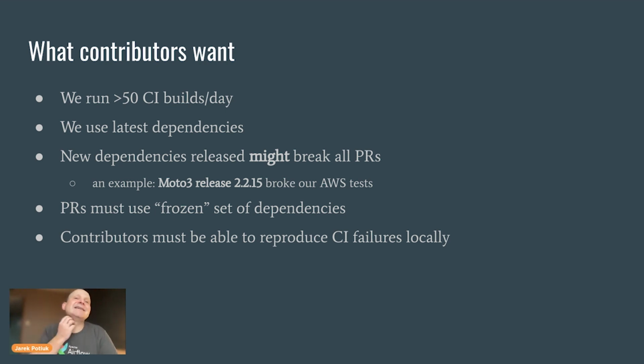We have 2,000 contributors. We have more than 50 CI builds a day. And we always want to use the latest dependencies for security purposes, but we also want to give the contributors snapshots so that we know which versions they will run their tests in, and the other contributors have to run in the same version, so that we avoid the "works for me" syndrome.